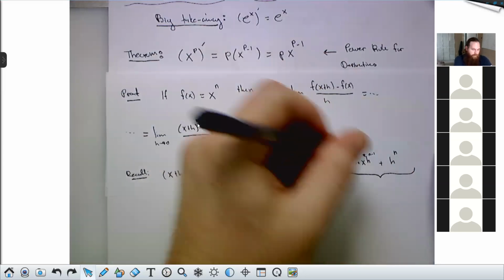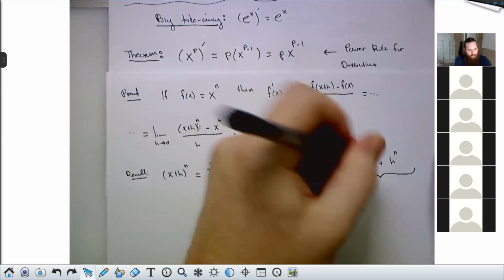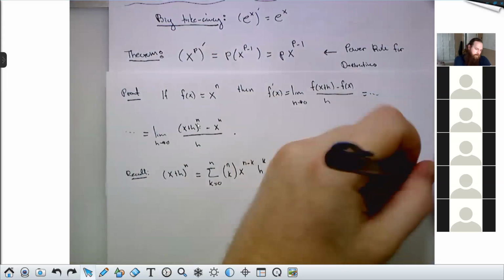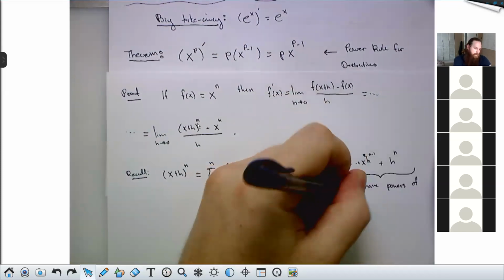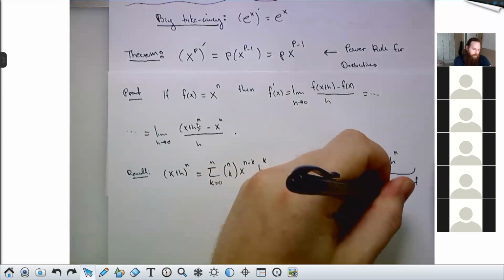All of these in the dot dot dots have powers of h greater than 1.